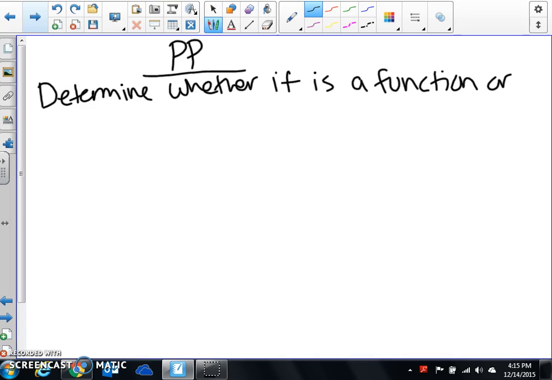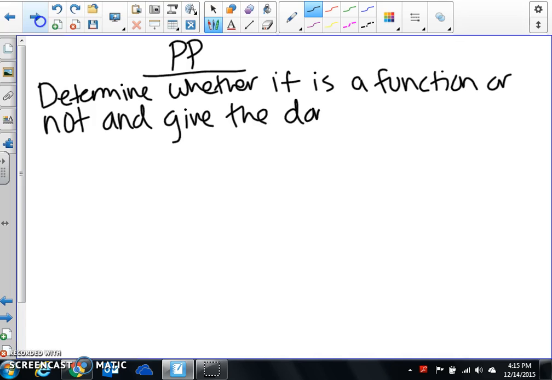Okay, so determine whether it is a function or not, and give the domain and range.